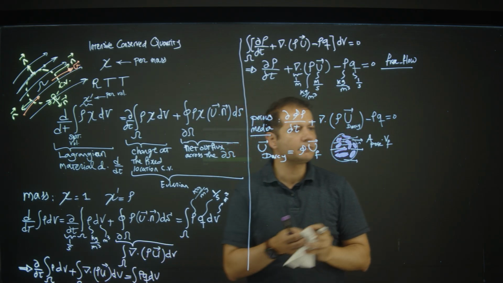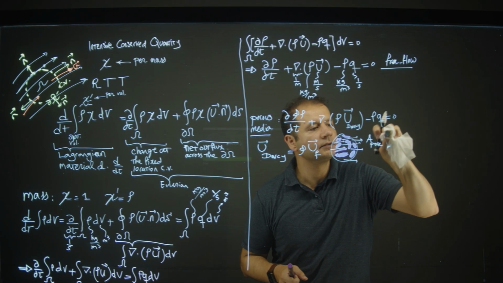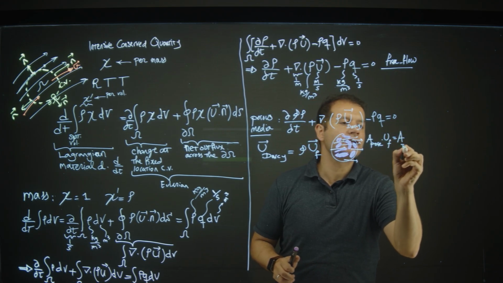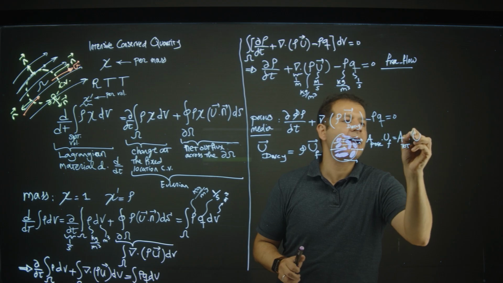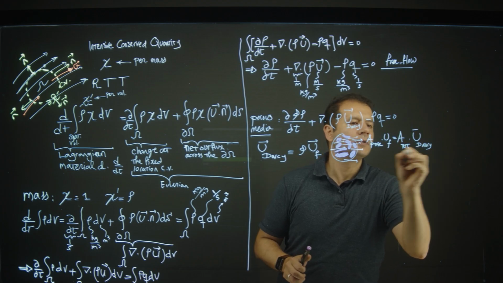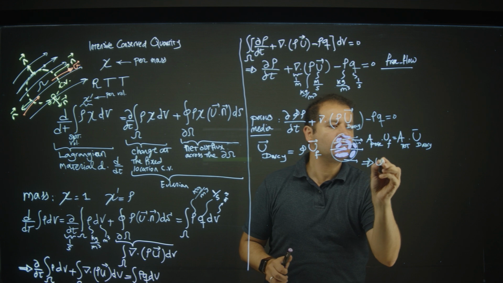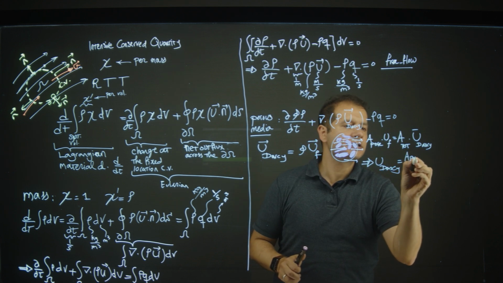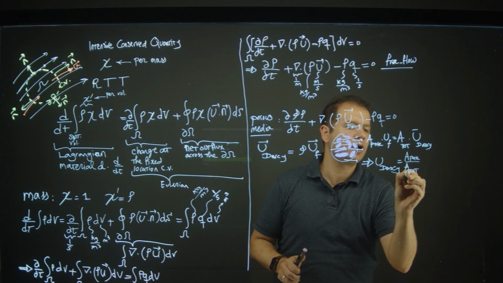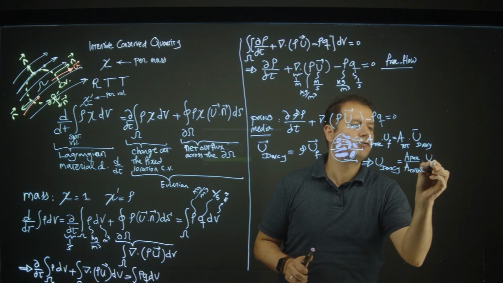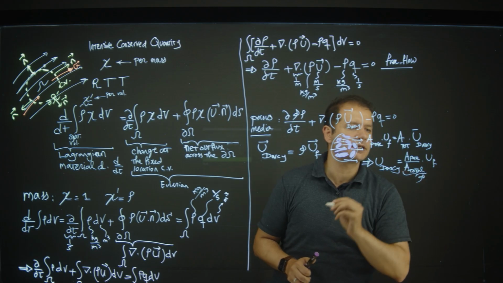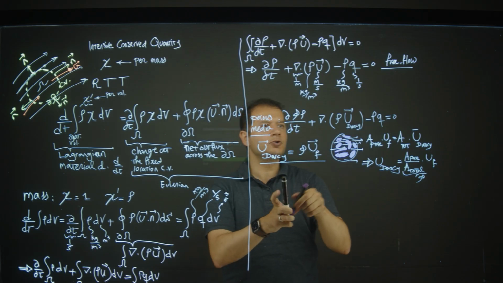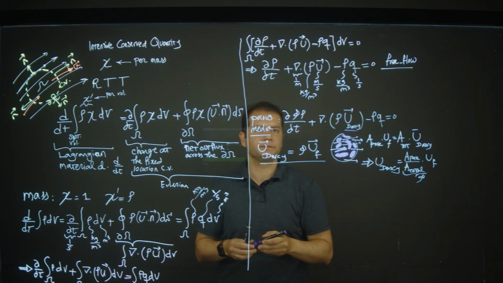Since I use U fluid, let me also use U fluid. So that's U fluid, the total cross-section area times the velocity average Darcy. And that means U Darcy is the cross-section of pore over cross-section total times U fluid, and that is my porosity. And therefore U Darcy is porosity times U fluid, and that's why I put U Darcy here in my mass balance.